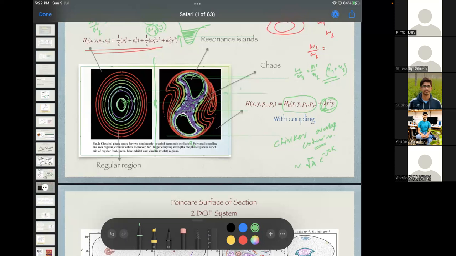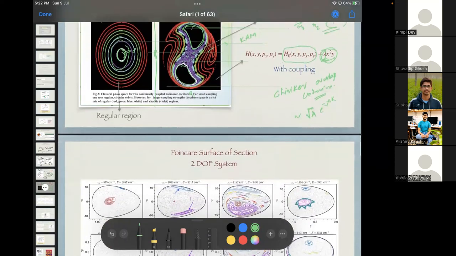These are called KAM curves, KAM orbits, or Kolmogorov-Arnold-Moser orbits. So different types of structures start to emerge in the phase space if we couple different oscillators in a nonlinear fashion. And with the increase of coupling strength and energy, these structures will vary.